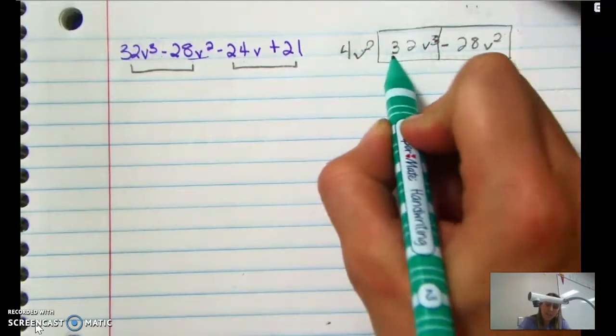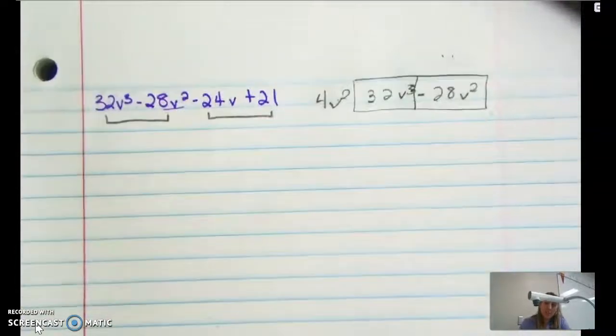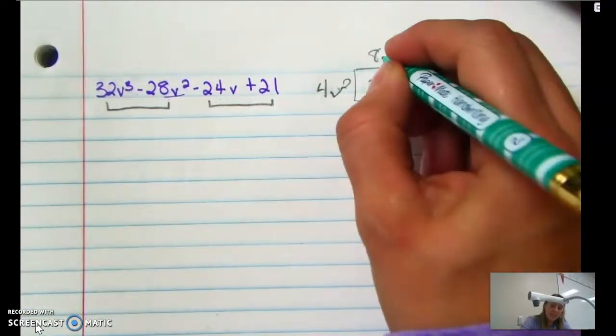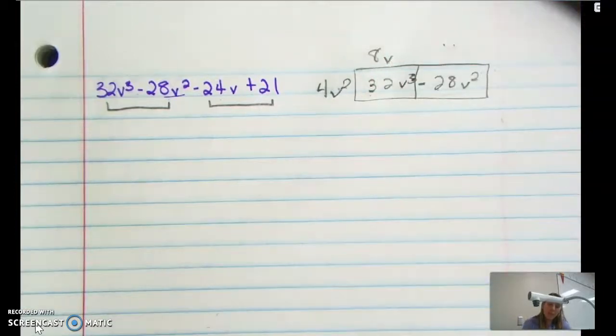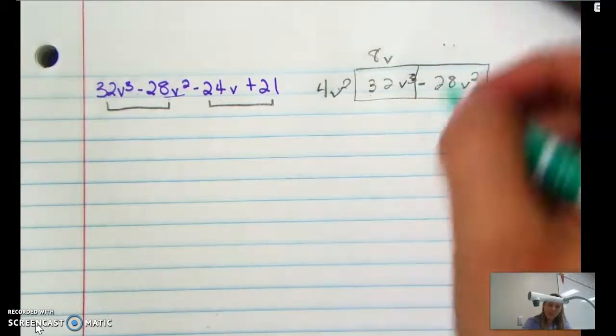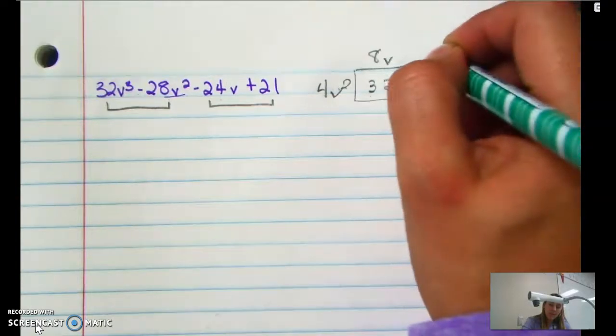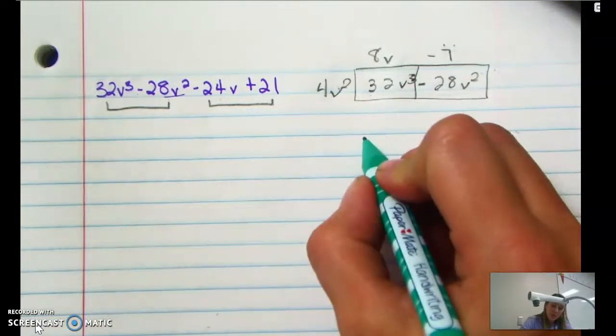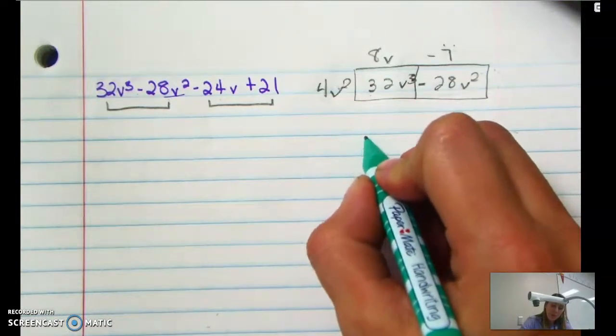Because 4 can go into both of these. So 4 times 8v would get me that. And 4v squared times a negative 7 will get me that.